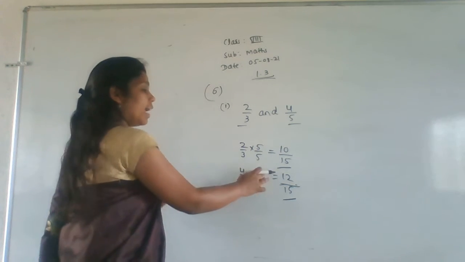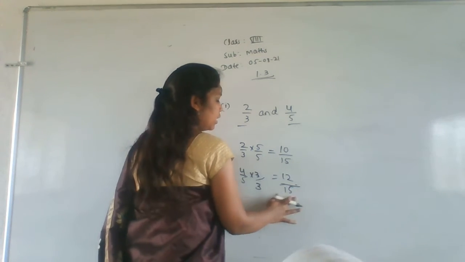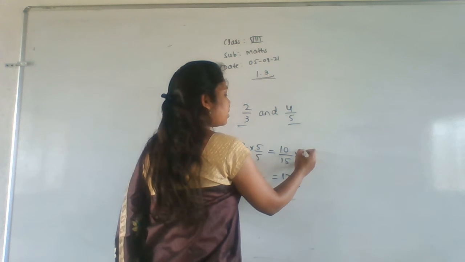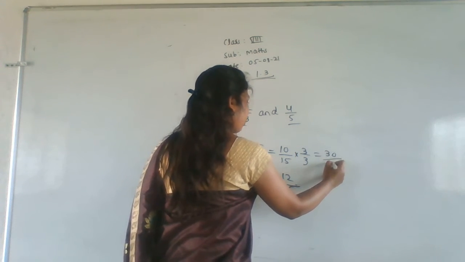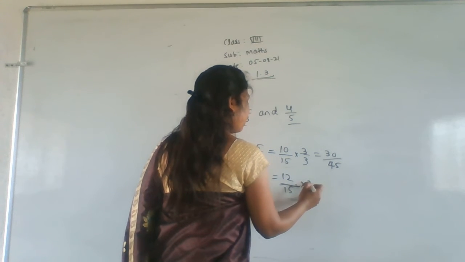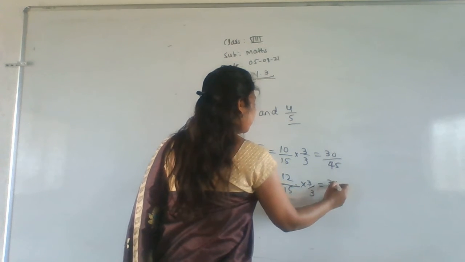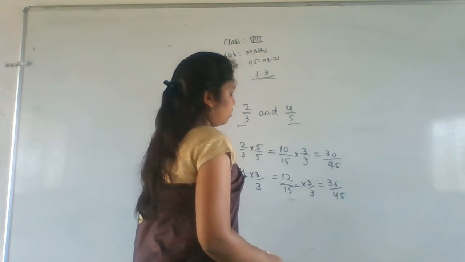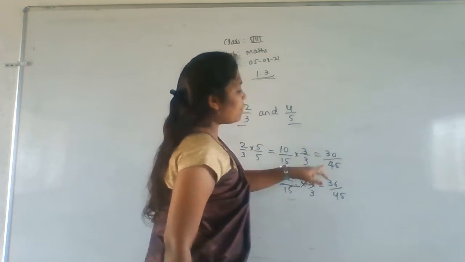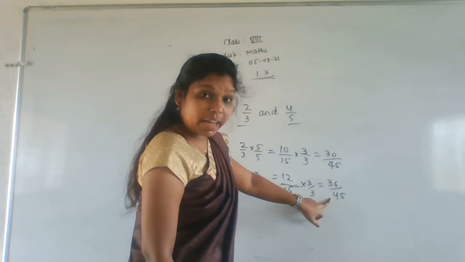For that reason, again multiply these two rational numbers with a larger number. That will be 30 by 45 and 36 by 45.